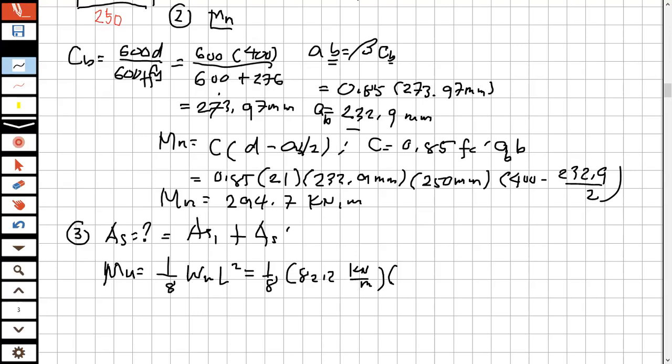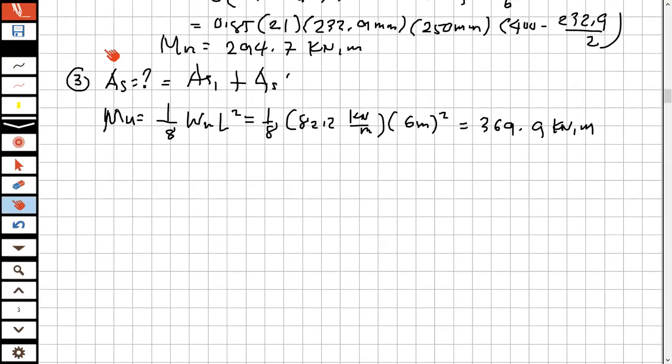L, 6 meters. 6 meters squared. In other words, we have 369.9 kilonewton meter. Now let us see kung anong value ng A1.